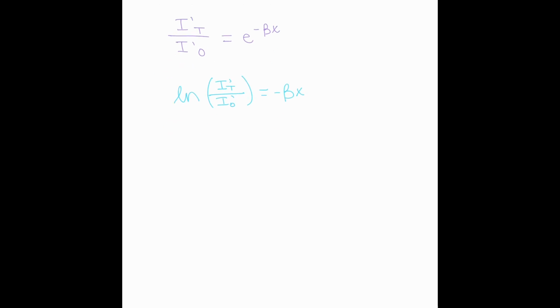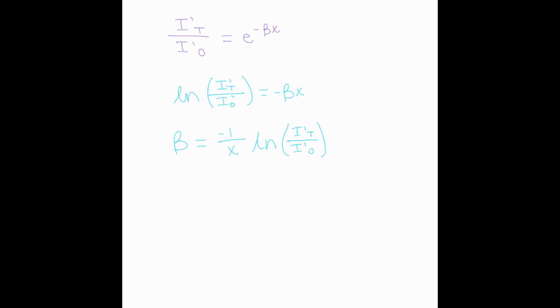But beta is still not by itself, so we're going to do one more step there. All right, that was a messy bracket. So now I think we can plug in our values.